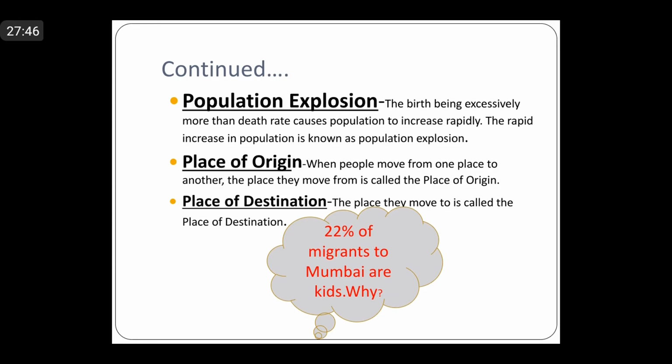Now there is a question from the NCERT book: 22% of migrants to Mumbai are kids. Why? It is because sometimes they are school dropouts, or poor families send their children for earning, and they work as domestic helpers, or are indulged in begging and other work.